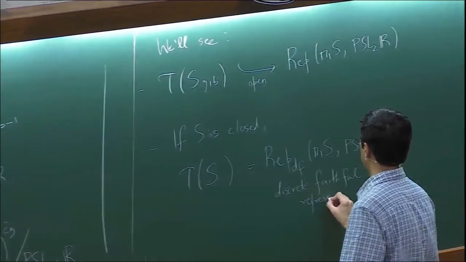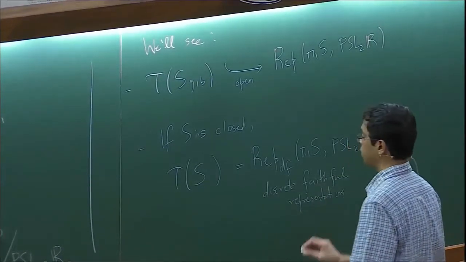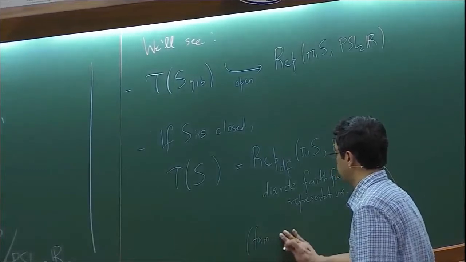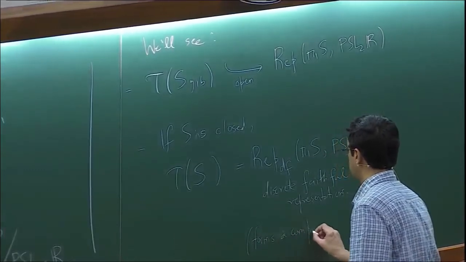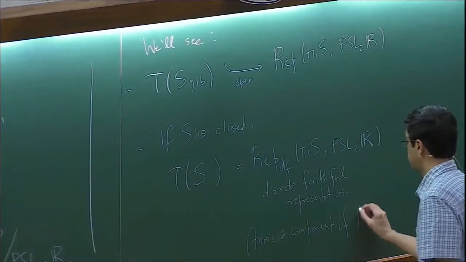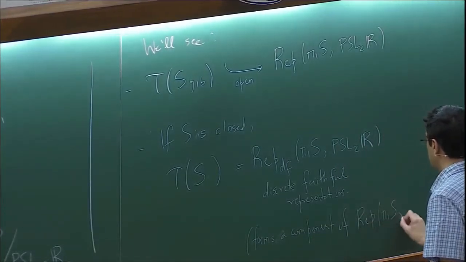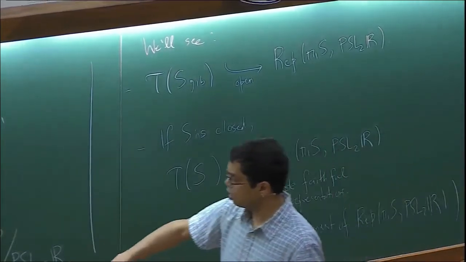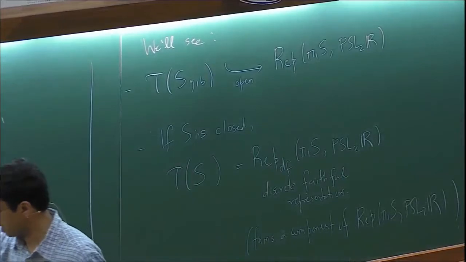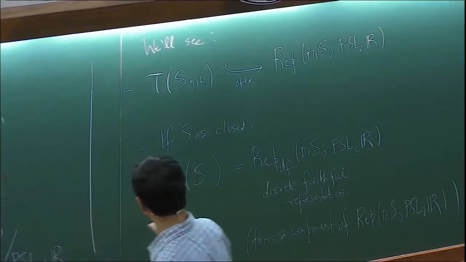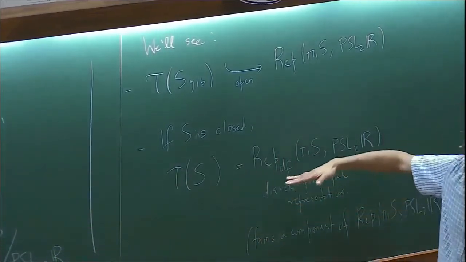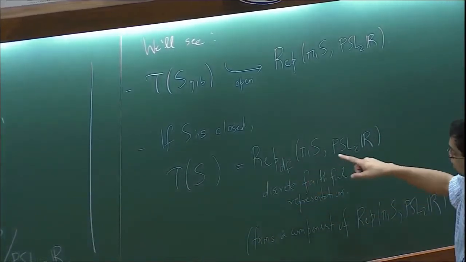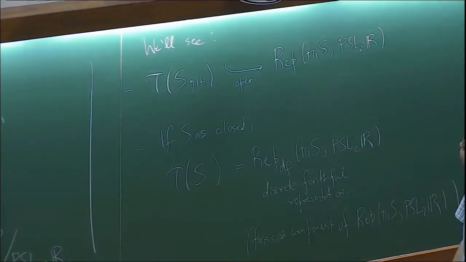In fact, if I have time, I'll tell you how they form a component of the representation variety. It turns out that if S is closed, this space is actually not connected. It might have different components, and Teichmuller space equals one of them. Okay, and these are exactly the ones that contain these discrete faithful representations.